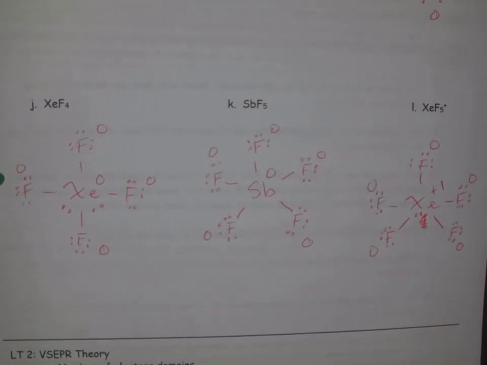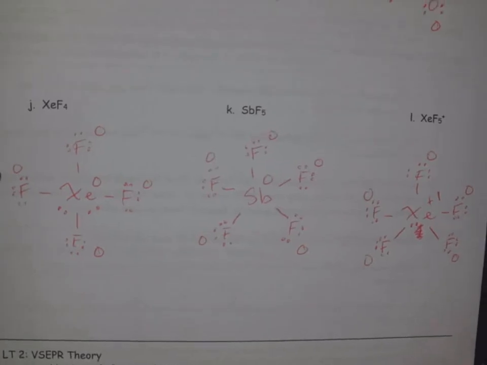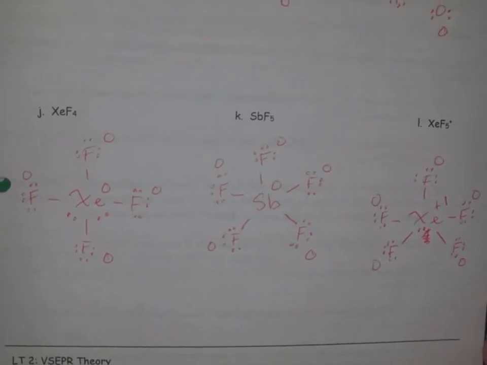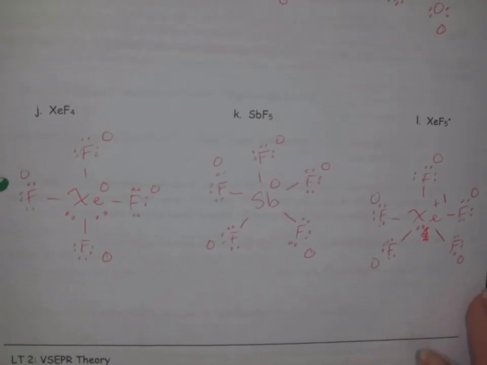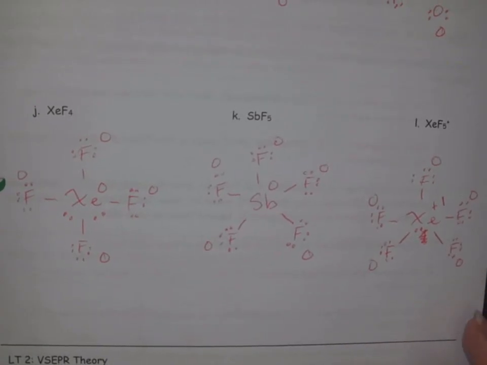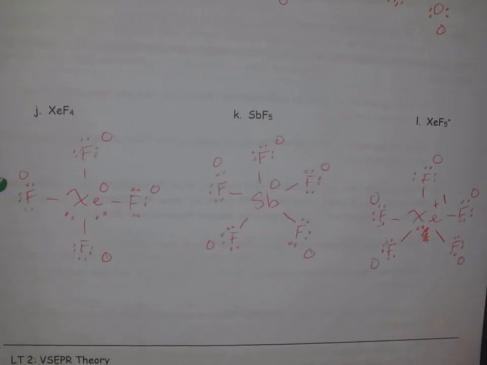Okay. And then the last thing I want to talk to you guys about is starting to recognize when a molecule is polar. And this is really going to be based on if we have symmetry or asymmetry of these molecules.